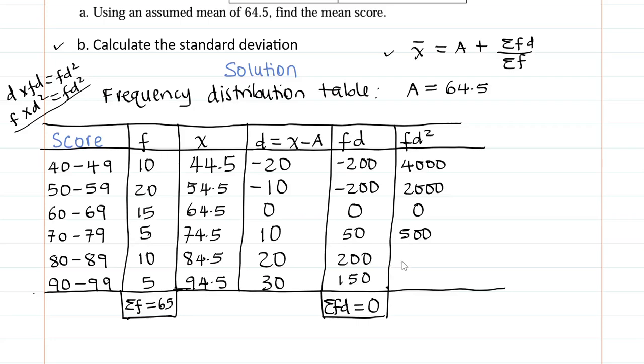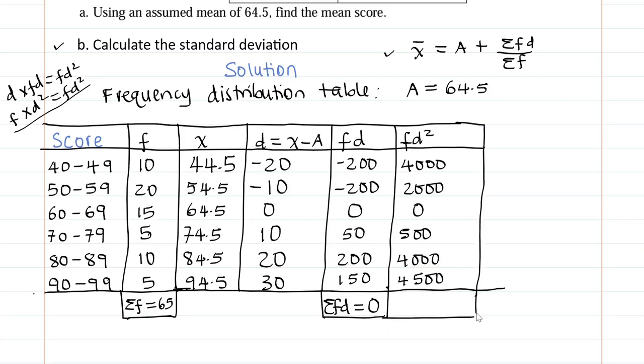And then 20 times 200, I get 4,000. 30 times 150, I get 4,500. Press the calculator. So that is our FD squared.